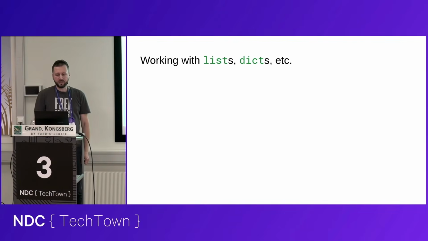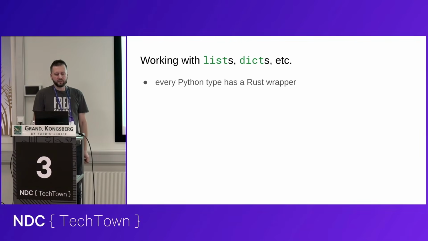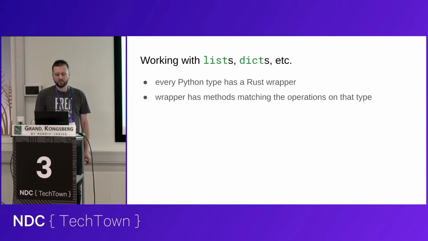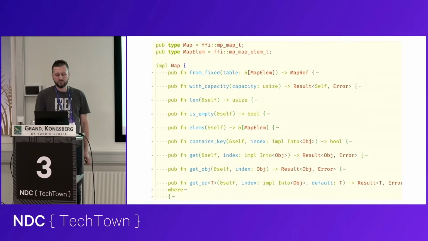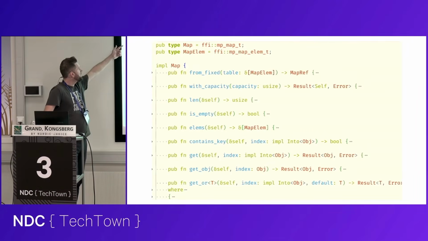Let's move on to other types of objects. Python has built-in lists, built-in dictionaries, built-in sets, etc. We implement a wrapper for every Python type that we use. That's basically list, dictionaries, iterators. And let's look at how that looks. So this is a map.